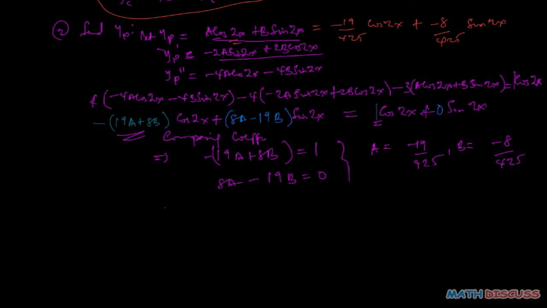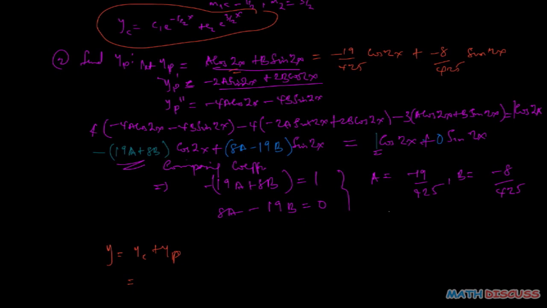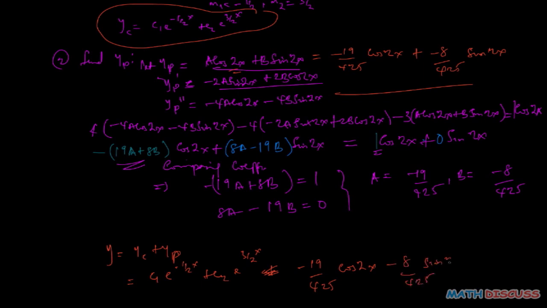I know my general solution should be y equals yc plus yp. So my yc, which is up here, is going to be c1 e to the power negative half x plus c2 e to the power 3 over 2 x, then plus my yp, which I could write as minus 19 over 425 cosine of 2x minus 8 over 425 sine of 2x.